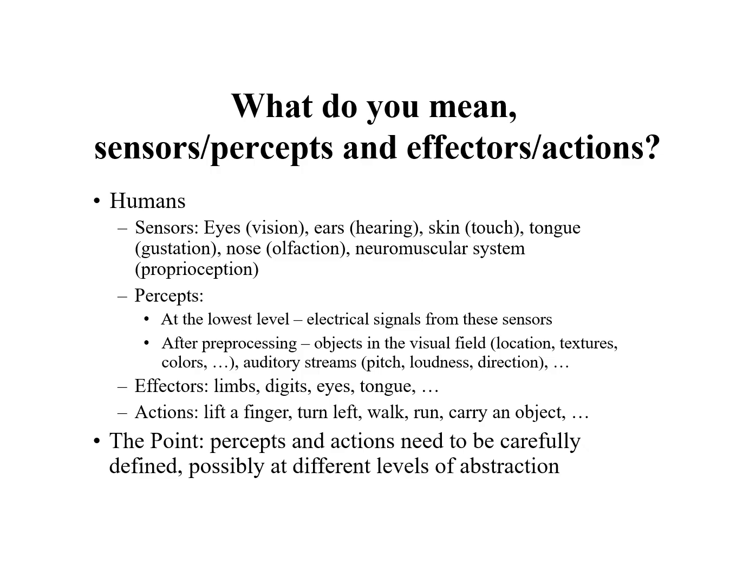In the case of persons, at the lowest level there are electrical signals from these sensors, as well as, after pre-processing, objects in the visual field, location, textures, colors, etc., and auditory streams, pitch, loudness, direction, etc. Effectors are limbs, digits, eye, tongue, etc. The actions involved are lifting a finger, turning left, walk, run, carry an object, etc. The point here is percepts and actions need to be carefully defined, possibly at different levels of abstraction. So in the next slide, we will be looking at an example.